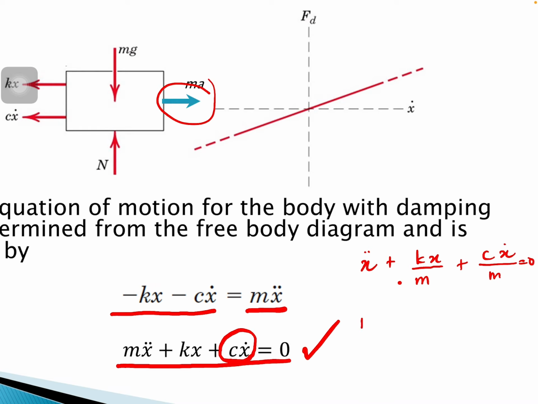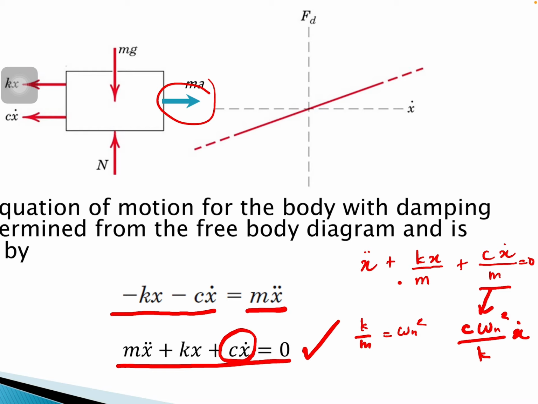You know that k over m is equal to omega n square, and we can replace it with c omega n square over k x dot. From this component we can get this one.